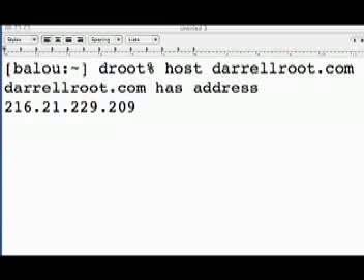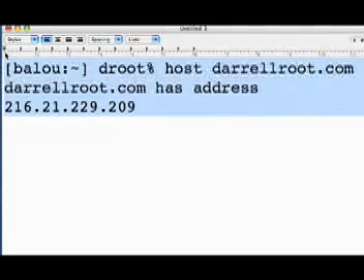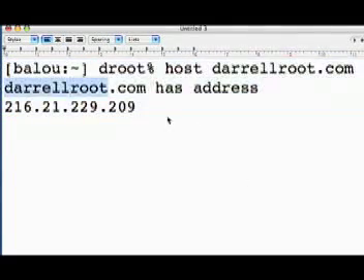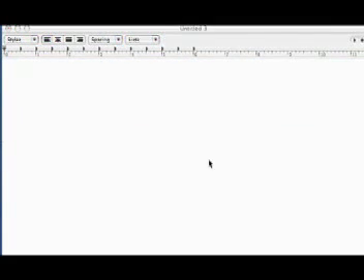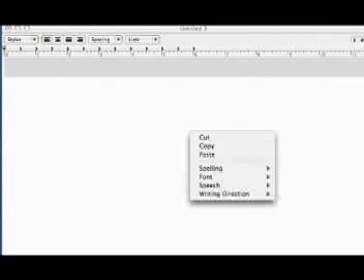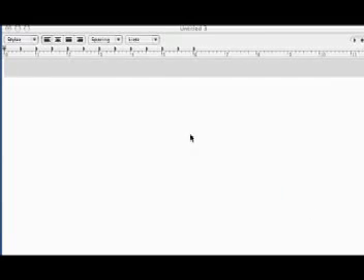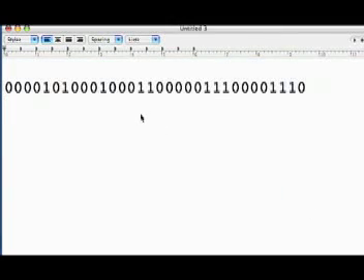Now, an IP address is 32 bits. So let's see what an IP address looks like. This is an IP address. It is 32 bits in length. That's sort of hard to remember.